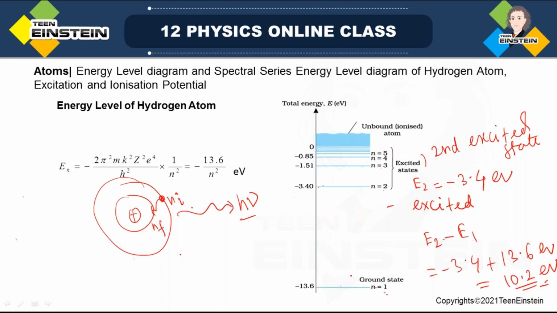And one more thing is that electrons, after reaching this higher energy level, will not be able to stay for longer than 10 to the power minus 8 second, or 10 to the power minus 10 second. Not longer than this much time can it stay in the higher energy level.